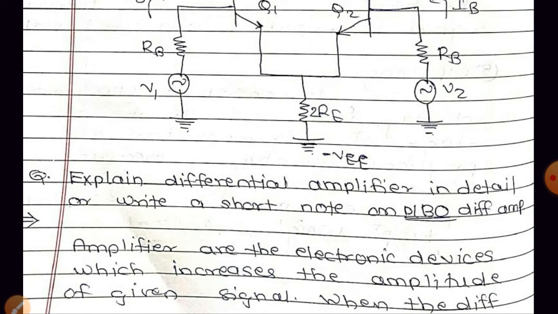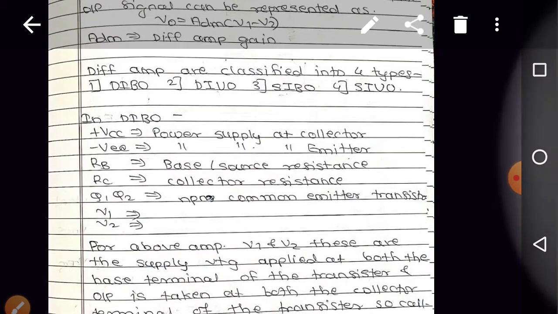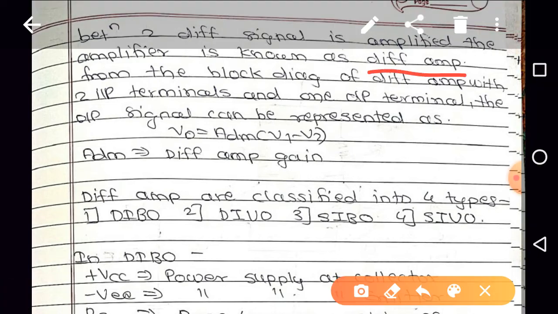See here, amplifiers are the electronic devices which increase the amplitude of a given signal. When the difference between two different signals is amplified, the amplifier is known as the differential amplifier.